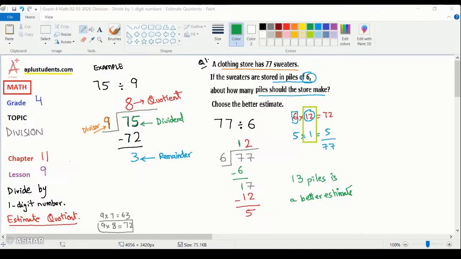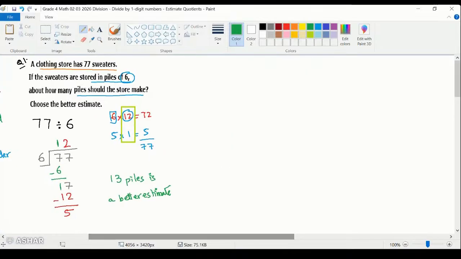Okay, I'll explain it again. Each pile has 6. Let's draw a shape. If each pile has 6 on it, I just make 6 dashes representing 6 sweaters.